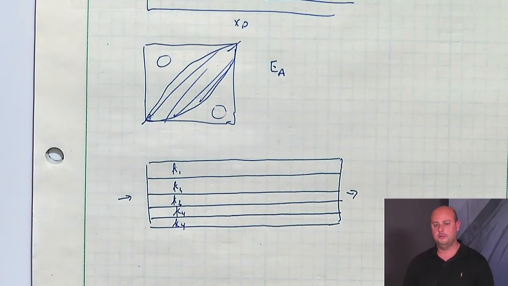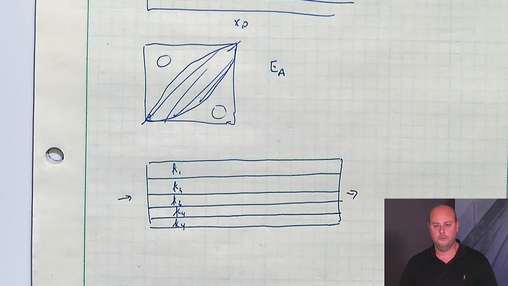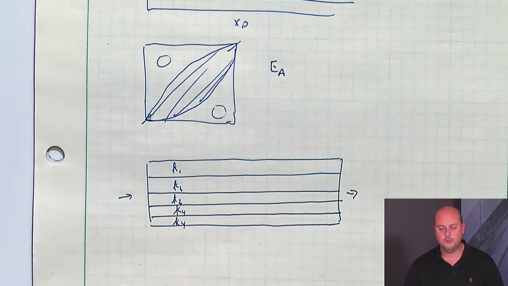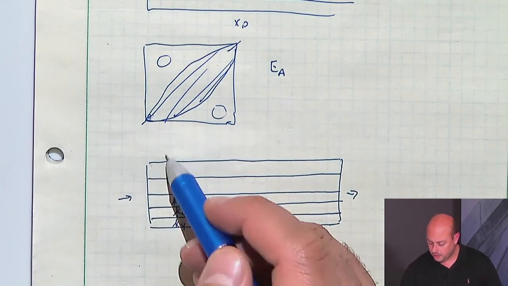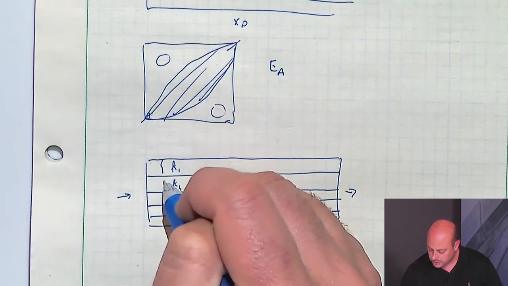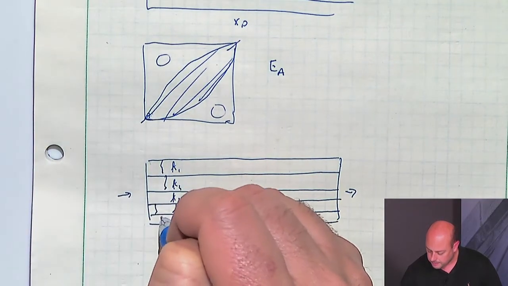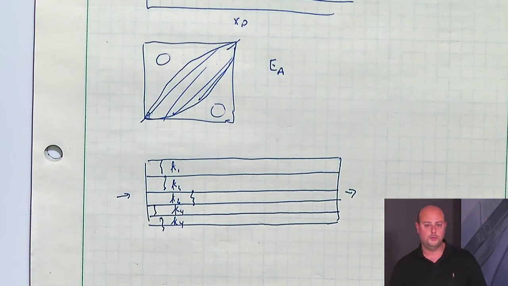Well, what happens? As is usually the case, fluid likes to go through the path of least resistance. So let's say the 3rd layer was the most permeable. Well, water would probably invade all 5 layers, but it would especially invade the 3rd layer. It would want to go in the lowest resistance path.